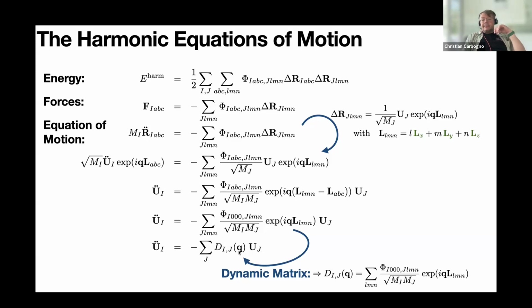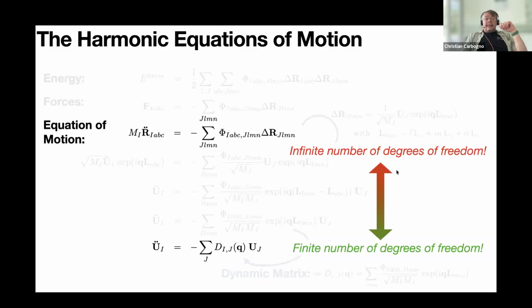The matrix coupling those two is the so-called dynamical matrix that has this form. But there has been a very important step that we've done here. Up here, we had an infinite number of degrees of freedom, because we were looking at the equation of motion for all atoms of the full solid, so for the index I in the unit cell and all periodic images described by the lattice vector.